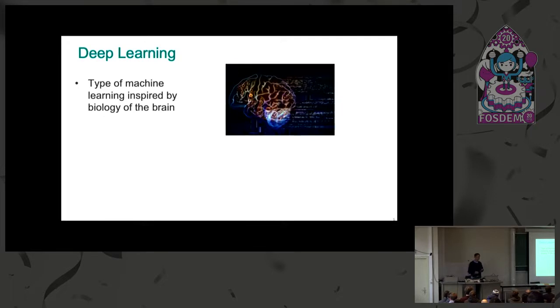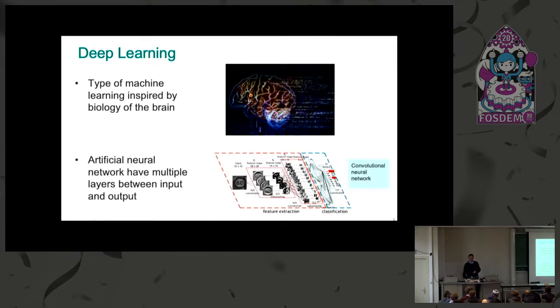So let's get started. We've all heard about deep learning and deep nets in the popular press and the specialty press. It's a kind of machine learning which is originally inspired by biology of the brain, although these days it has less to do with neuroscience. And it is characterized by artificial neural networks, which are networks that have multiple layers.